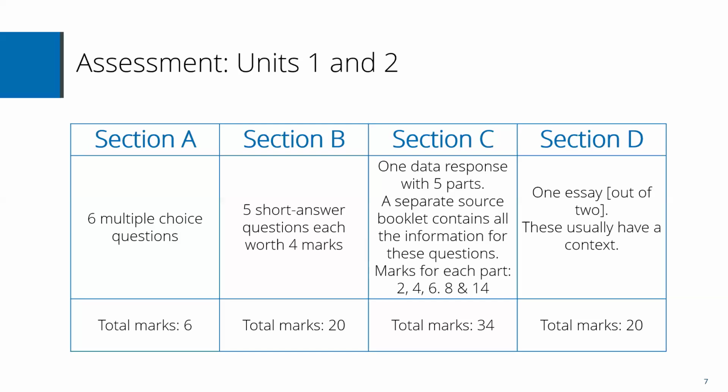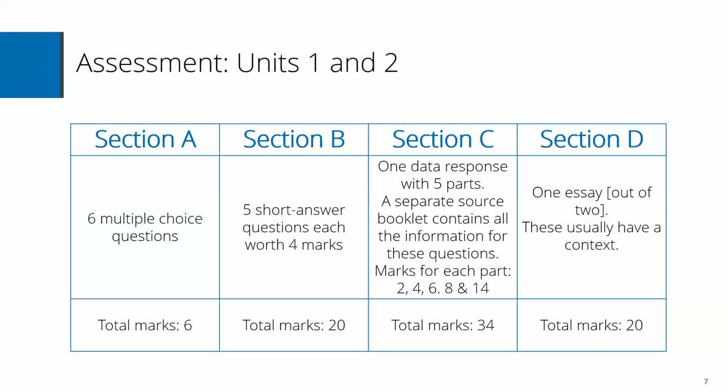The breakdown of the assessment for those 2 units is exactly the same for Unit 1 as it is for Unit 2. There are 4 sections, A, B, C, D. Section A is worth 6 marks and has 6 questions, each of which is a multiple choice question worth 1 mark each. Section B is worth 20 marks, and that has 5 questions, each worth 4 marks.